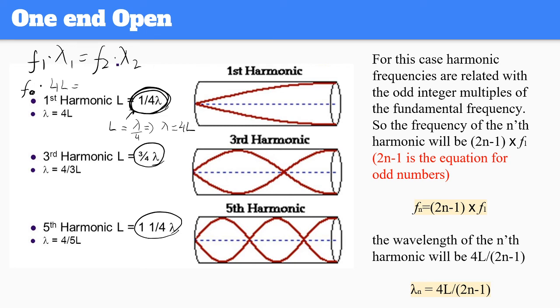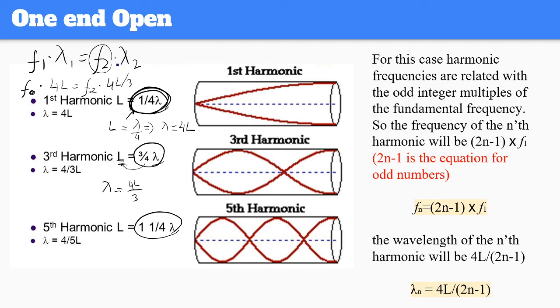Then what do I need to do? I need to move on to the next frequency, which is f2, and see what's the relationship between f0 and f2. So for my lambda 2, the same length is equal to 3/4 of a wavelength. So what is the wavelength in terms of L? 4 goes right there: 4L divided by 3. So my lambda 2 is actually 4L divided by 3.